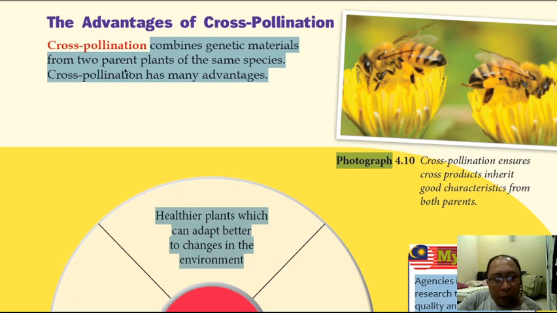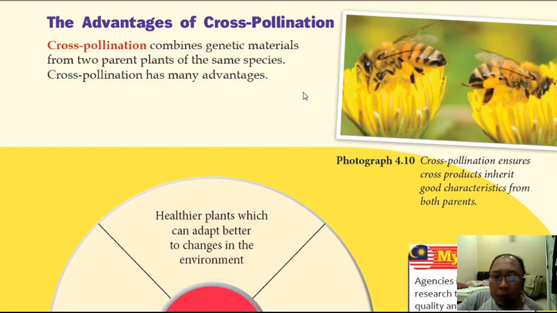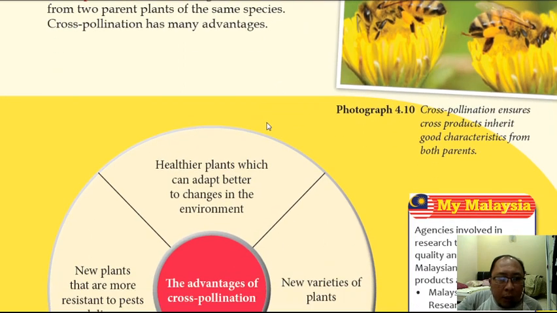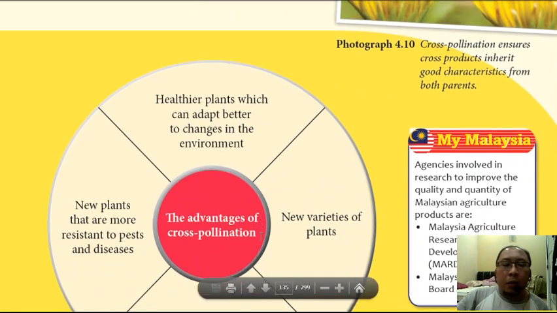Because genetic material combines from different parent plants, and different parent plants will have a variety of characteristics, when they combine together, it will increase the quality of the genetic material of that plant that will be produced. So here are the advantages of cross pollination.